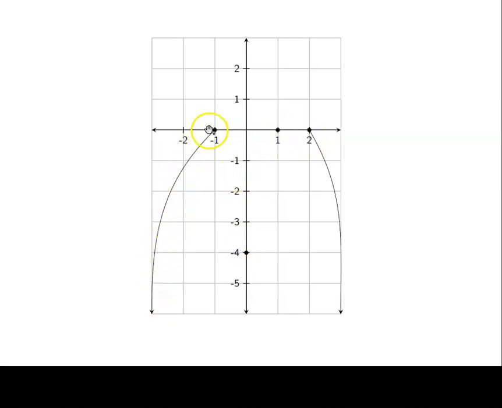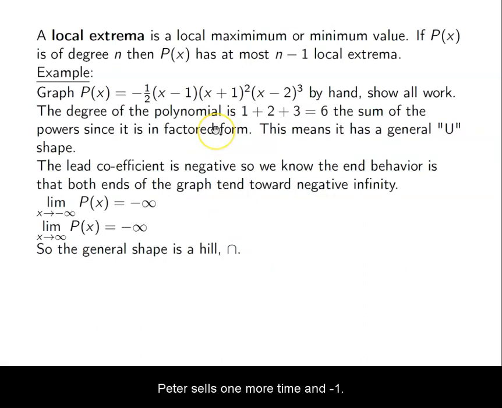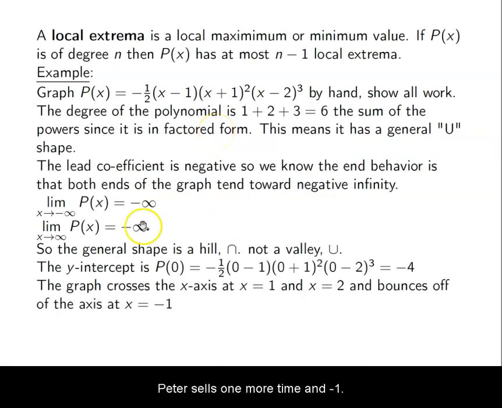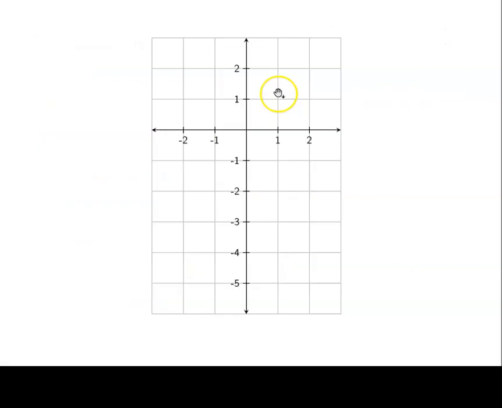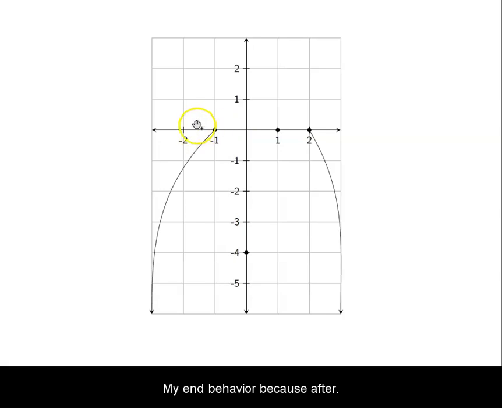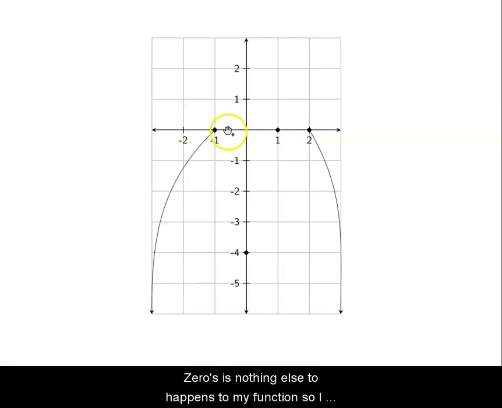Again, because of what happens on the zeros, I can figure out what happens here. Just so that we repeat ourselves one more time, at -1, I bounce. At 1 and 2, I cross because of the multiplicity. So zeros, y-intercept, my end behavior, because after the zeros, there's nothing else that happens to my function.